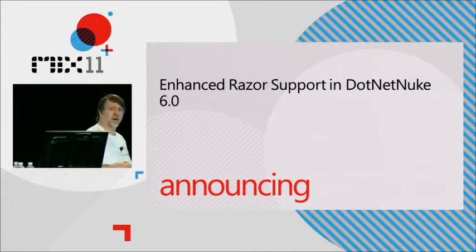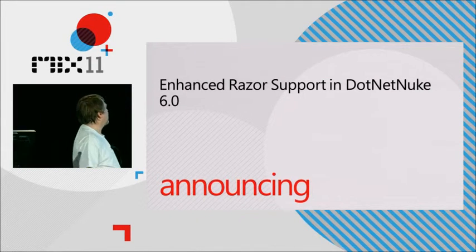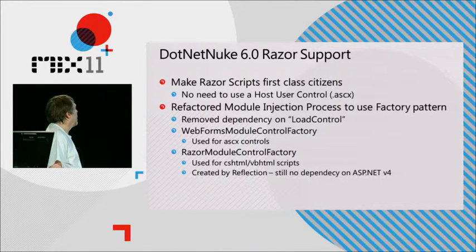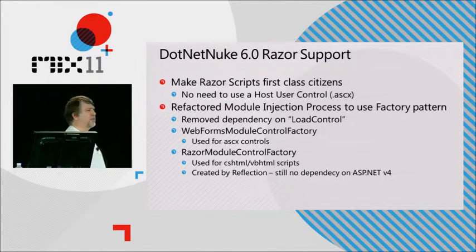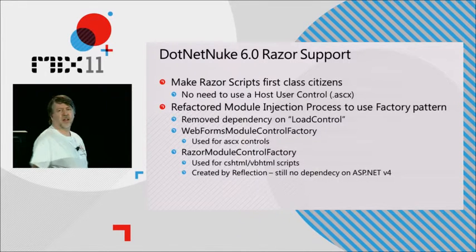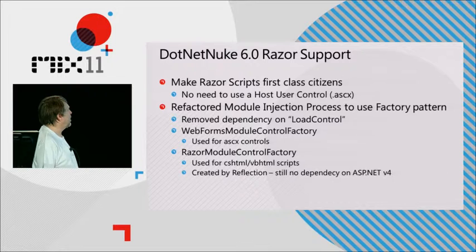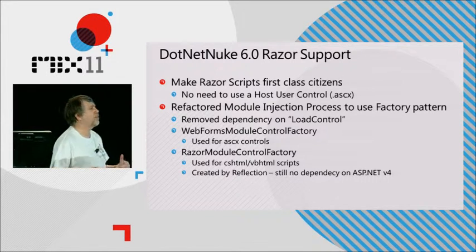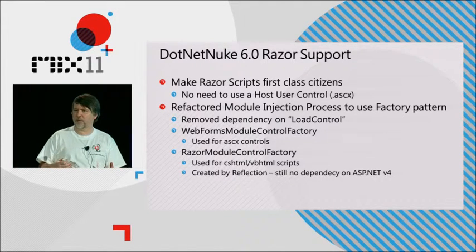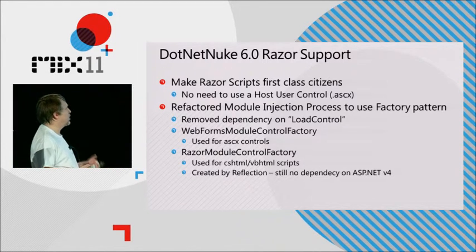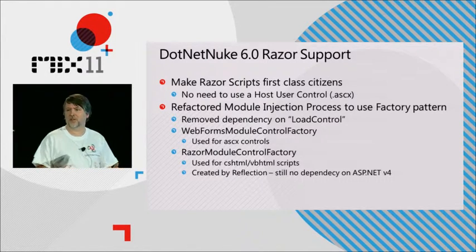But we're announcing today that there is enhanced Razor support in DotNetNuke 6. We're going to make Razor scripts first-class citizens. No need to have that little host stub file. In order to accomplish that, because our module injection process expected there to be a user control, we've actually changed that module injection process to use a factory pattern.